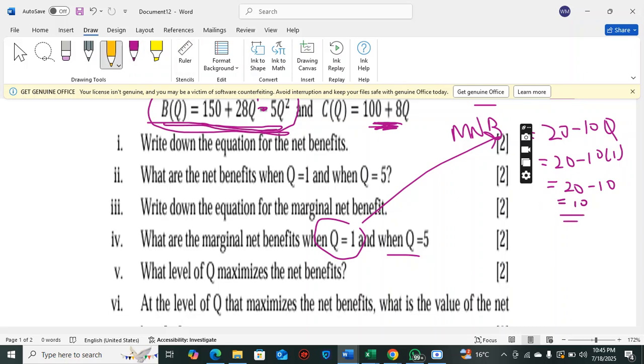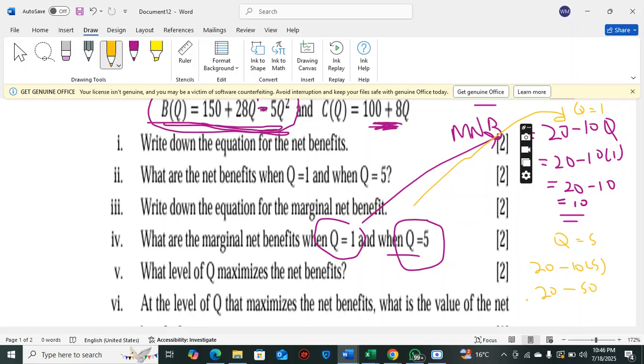What about when q equals 5? Let's substitute q equals 5 into this equation. What do we get? Negative 30. 10 minus 10 times 5, that is 50.